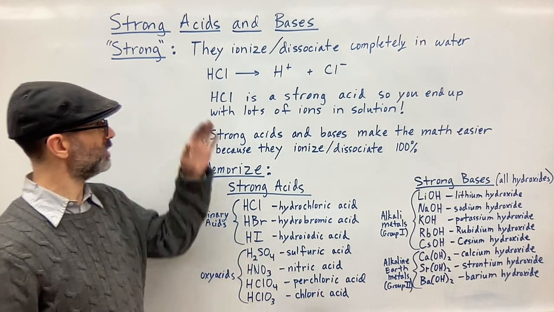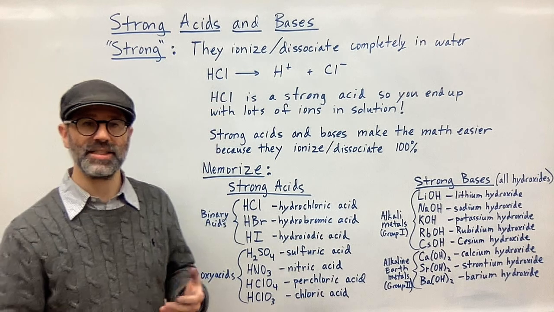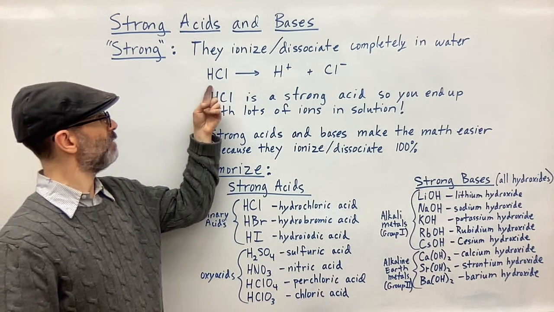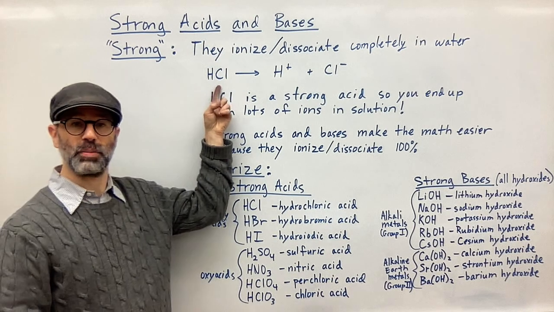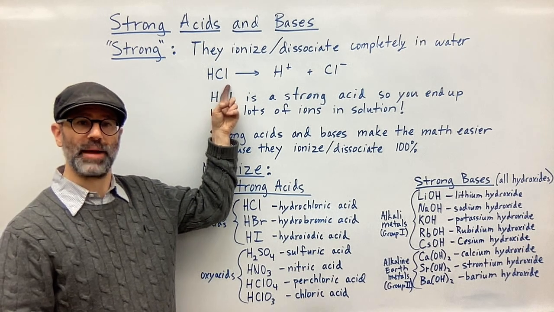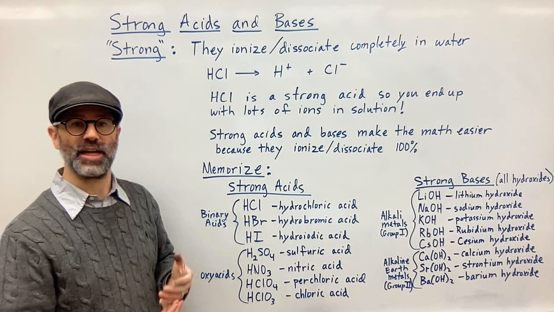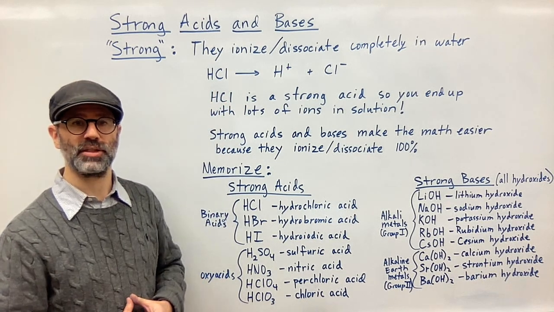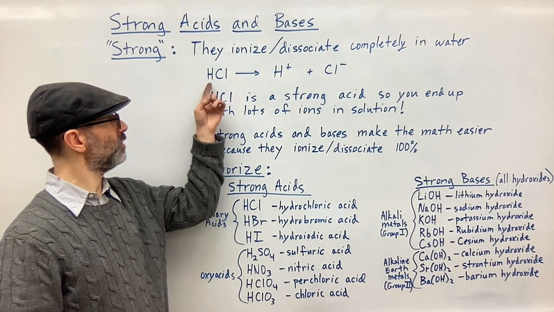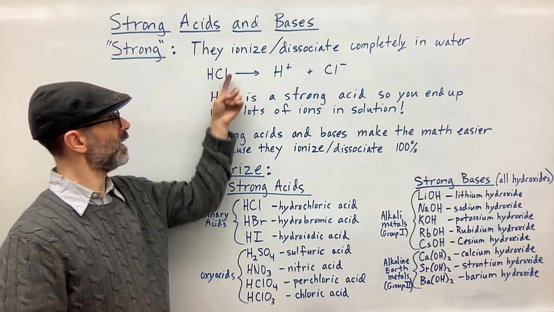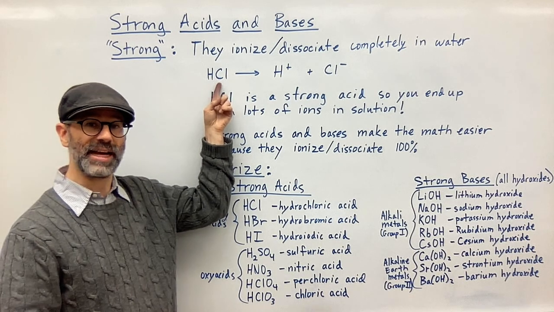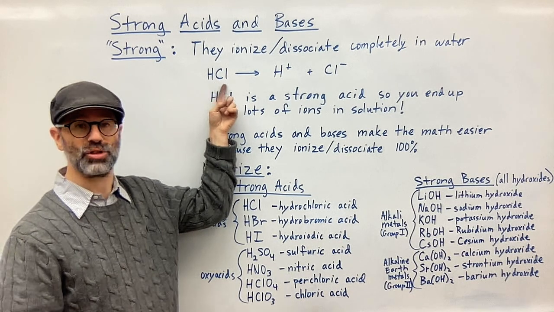And so, for example, here we have HCl. HCl is a strong acid. So, if it wasn't put into water, it would be all in this form HCl, because HCl is a molecule. It's not an ionic substance, it's a molecular substance. But when you put this in water, you're not going to have very much of this at all, right? You're going to practically have zero of this in solution.